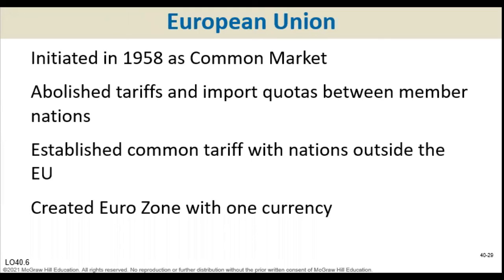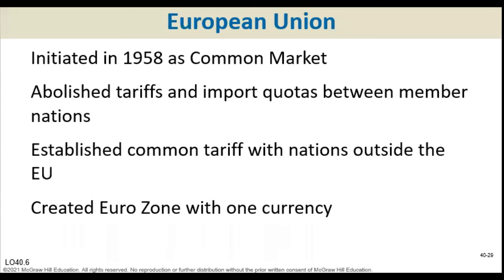So we also have the European Union, initiated in 1958. It currently has 28 member nations. The EU is one of the most dramatic examples of a free trade zone.